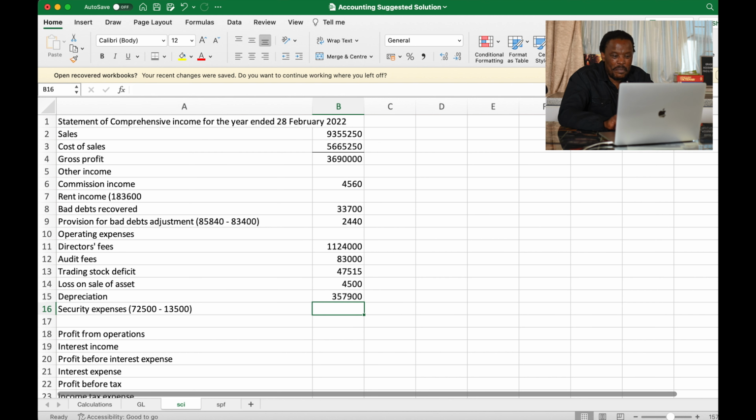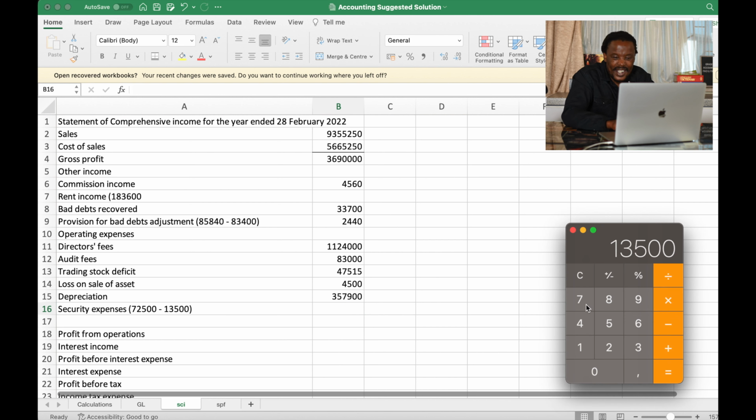Why? They prepaid these expenses. 72,500 minus 13,500, which is 59,000.